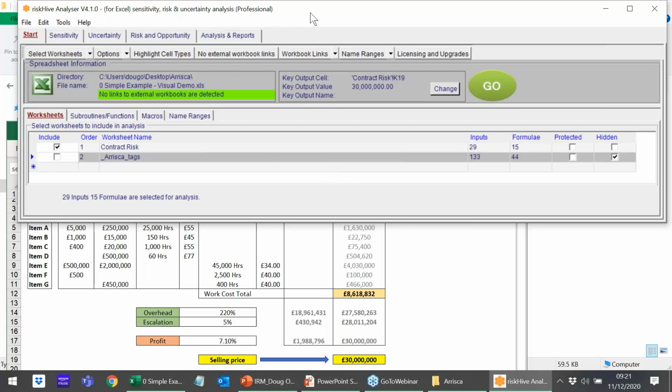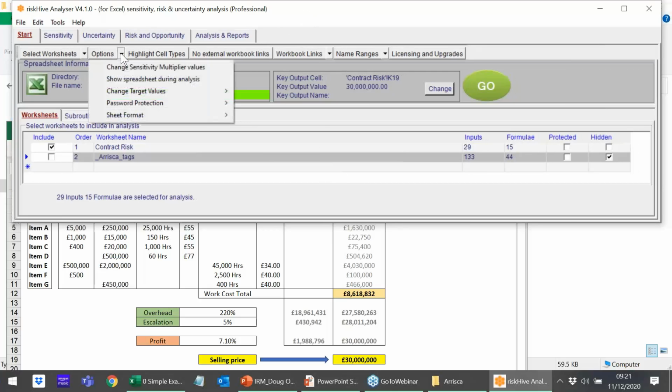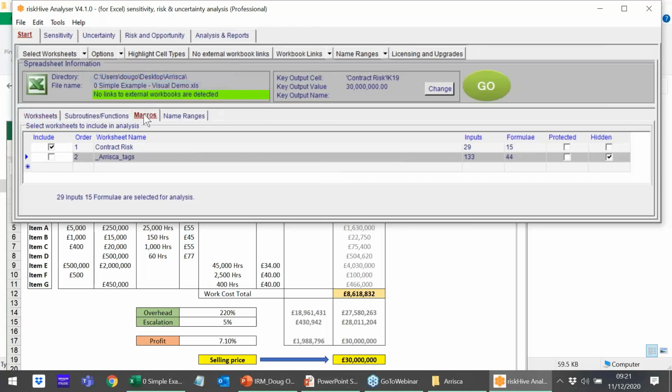So the next thing I'm going to do is change a couple of the display options to bring it to life a little bit, because I think it helps to see what's going on under the bonnet when an analysis is running. Up here there's a big green button that says Go. This button came out of some work with the MOD, the Ministry of Defence in the UK, who said they wanted a tool usable by novices as well as experts, and we figured a big green Go button fitted that bill nicely.